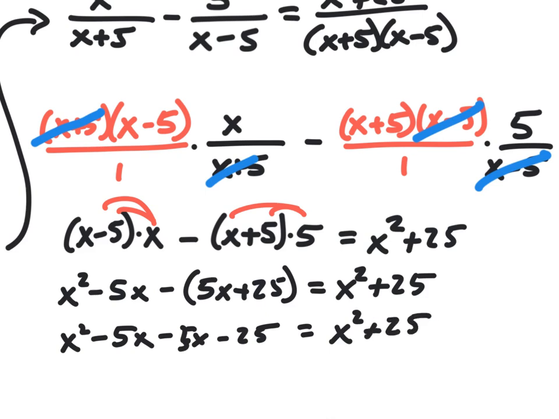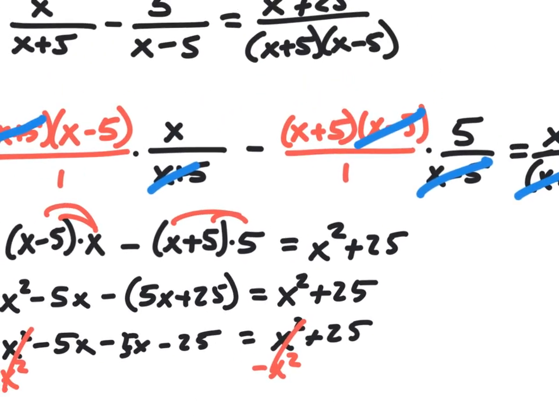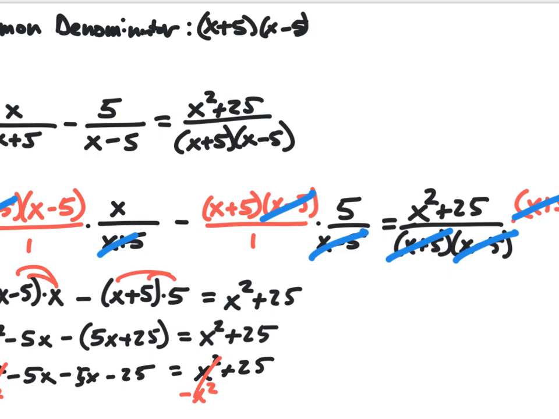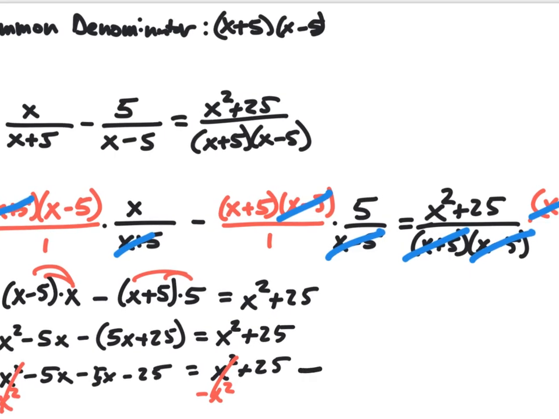Now, if I combine my like terms, I'm going to subtract out an x squared from both sides. Then these cancel out and go to 0. And so as a result, let me write this all up over here, running out of room. This is going to give me a negative 10x minus 25 is equal to positive 25.